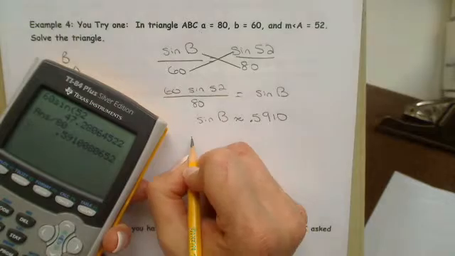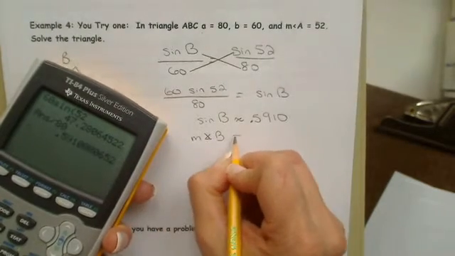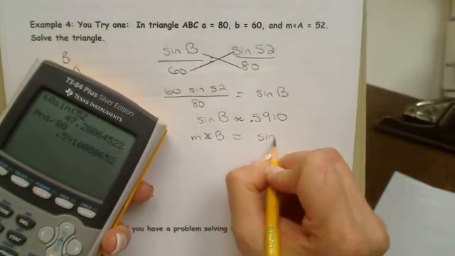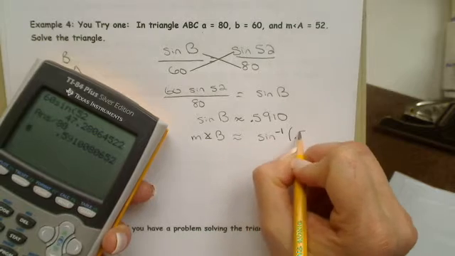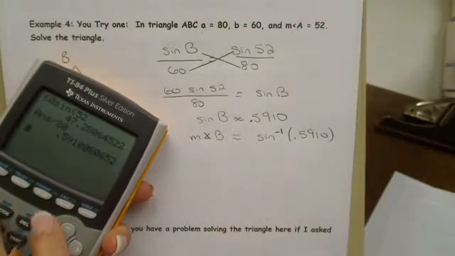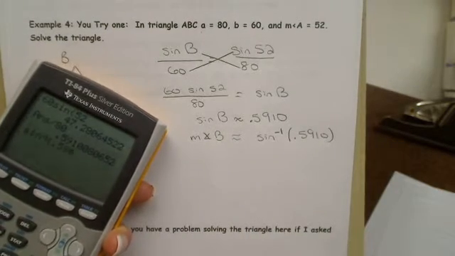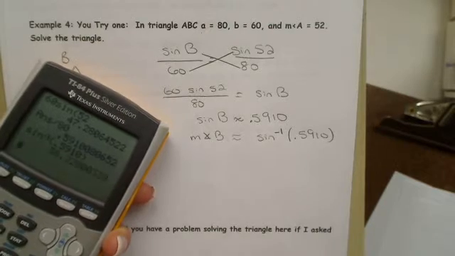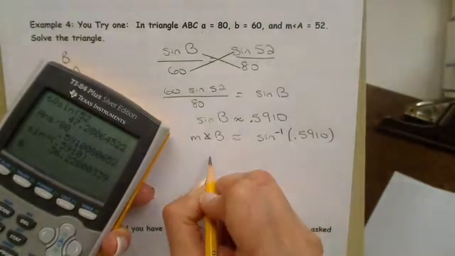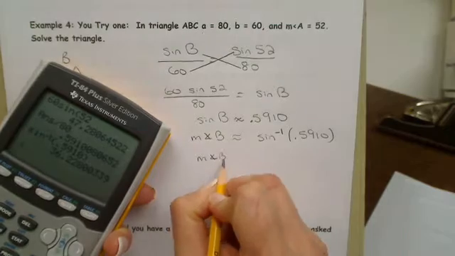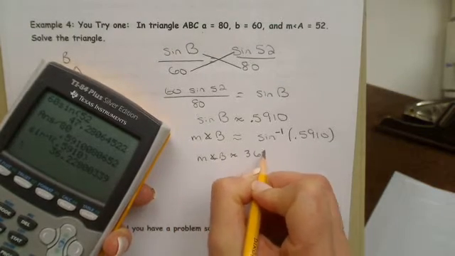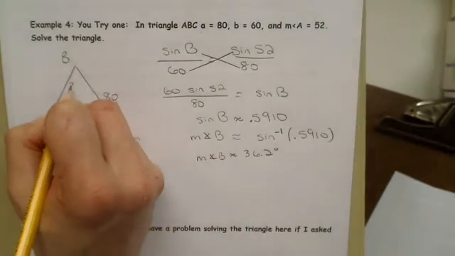So to get the measure of angle B, if you remember from our trig unit, you do sine inverse of 0.5910. And that will give us that angle B is about 36.2 degrees. So we got that one.